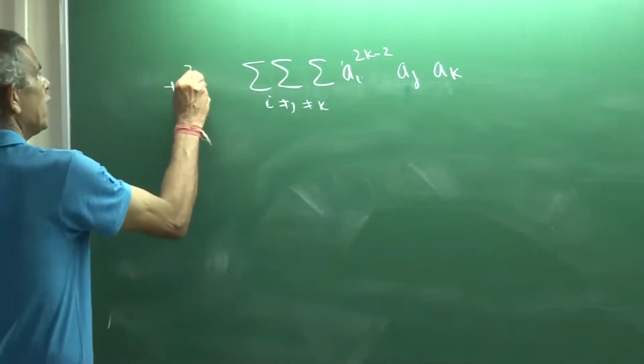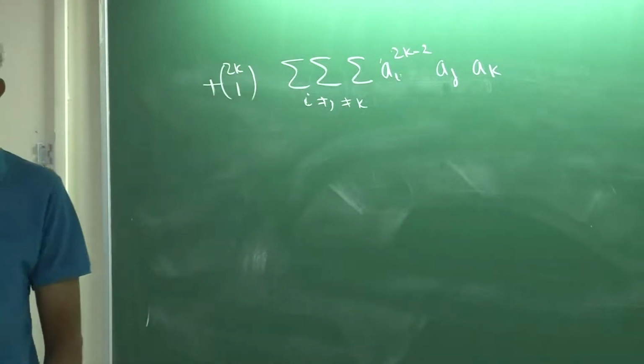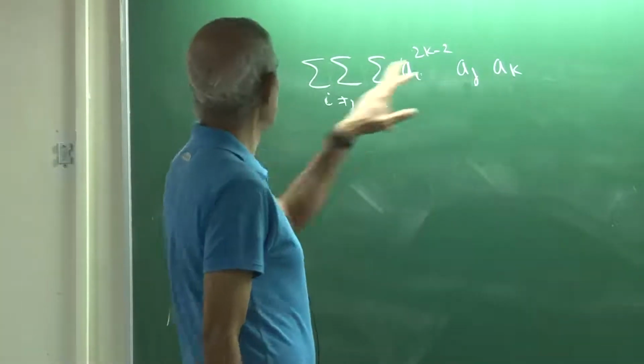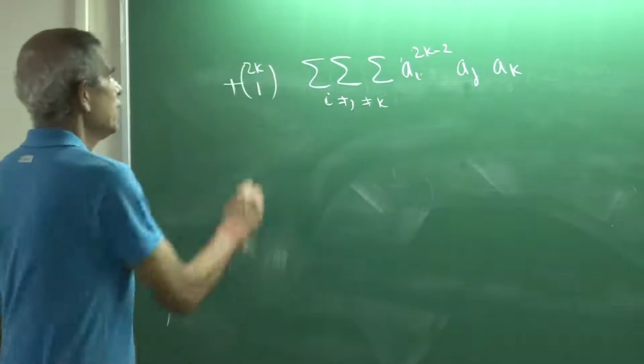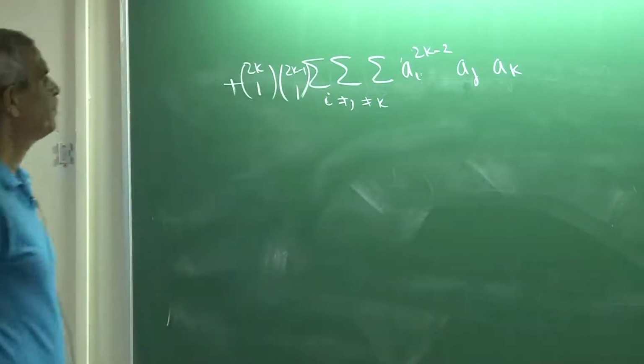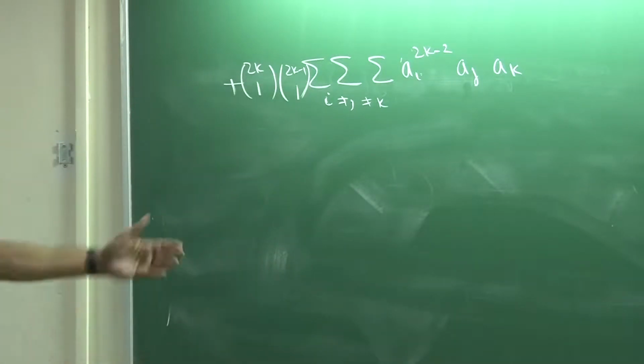That can happen in 2k choose 1 ways. Now once that has happened, I choose the place for ak. Remaining positions are 2k minus 1, so 2k minus 1 choose 1. Once aj and ak are chosen, from the remaining, ai's are coming. So this would be this.